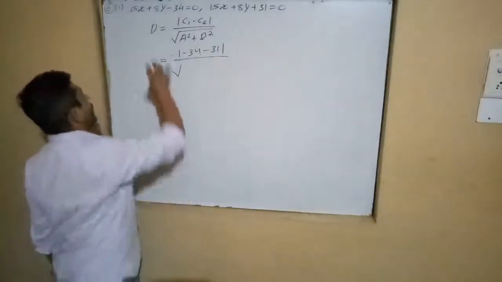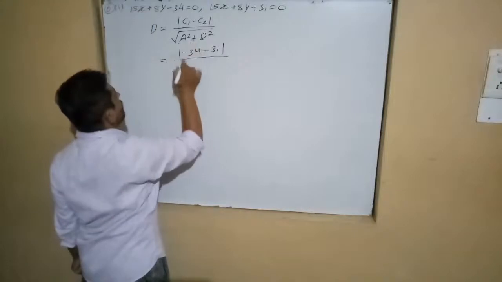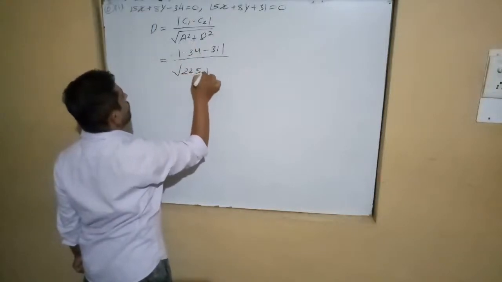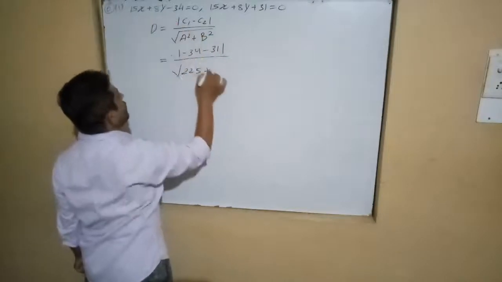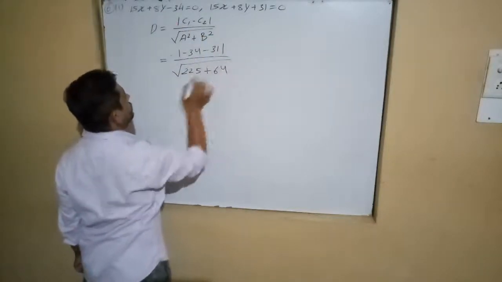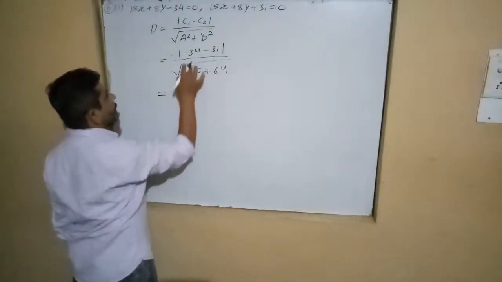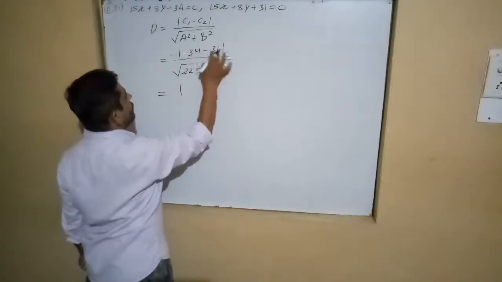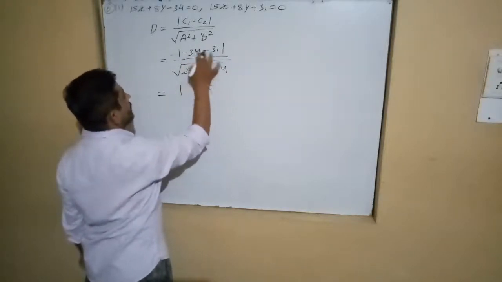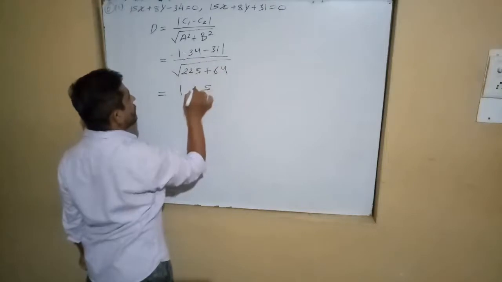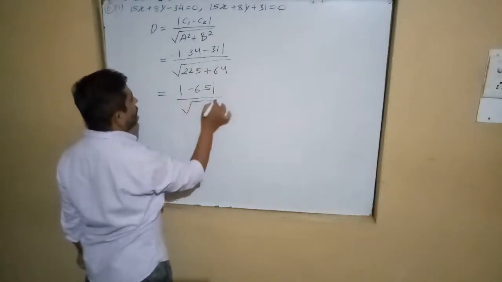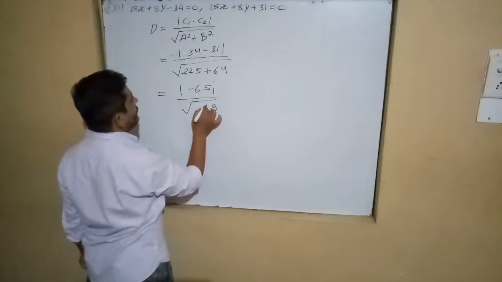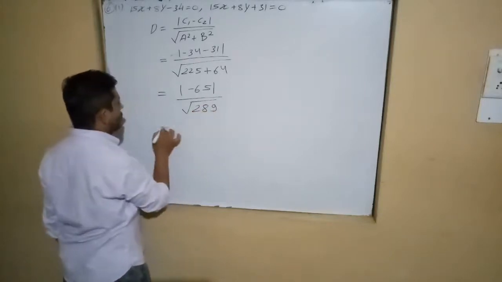Okay. So A is equal to 15. 15 square means 225, plus B square. B square is equal to 64. So modulus of minus 34 minus 31, which is minus 65, upon root of 289.